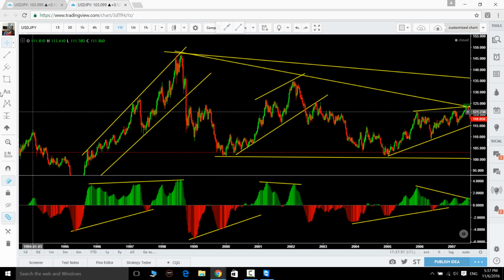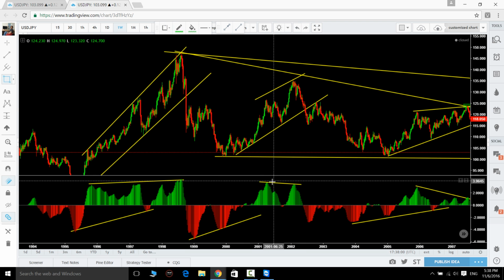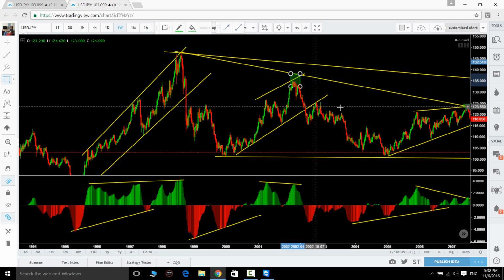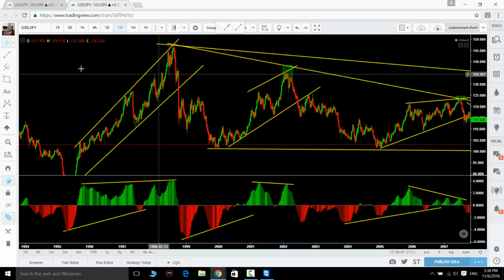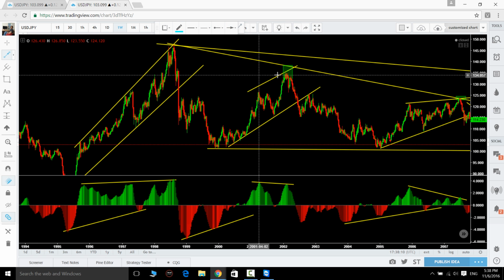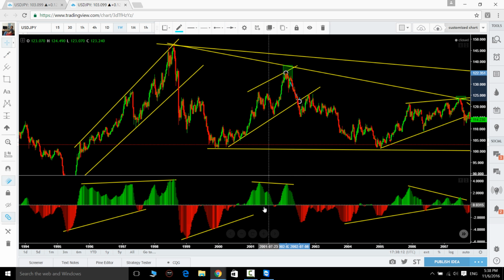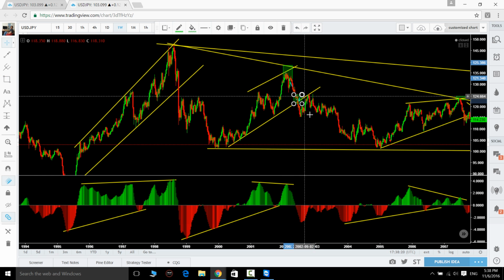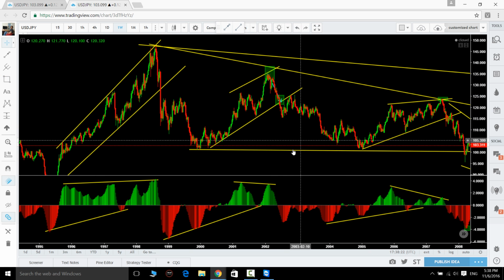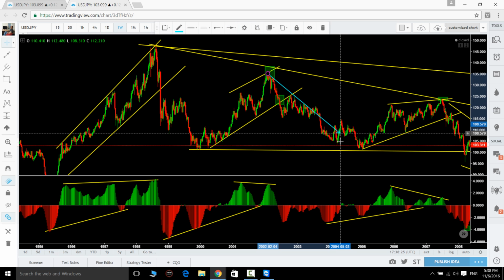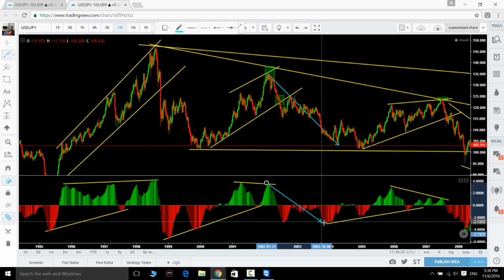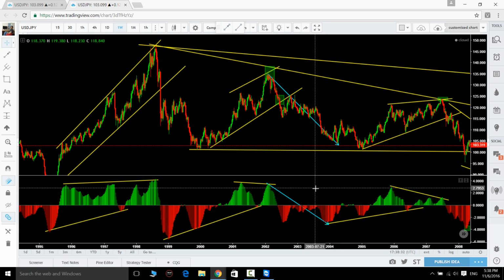For example, at this point MACD was showing that price was not going to go up from this point and was going to diverge to the downside, and price could even break through this line, and once it breaks to the downside it can go further down like this. MACD was also showing that if it breaks down, it can go further to the downside.